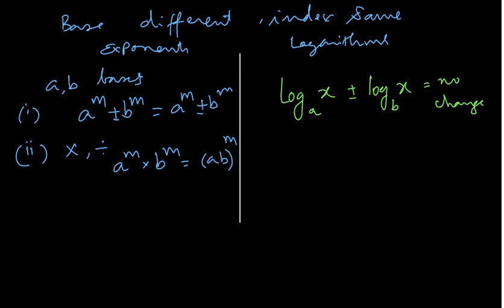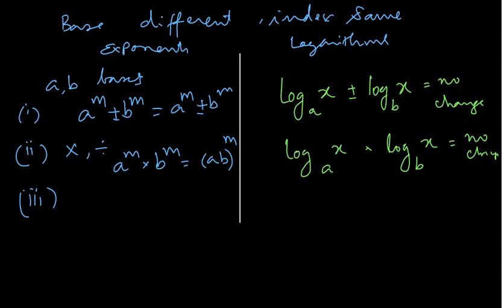In this case, for example, you have the bases ought to be different. So log x to the base a multiplied by log x to the base b. No change. Because the entire logarithm works on the base being same. That's why I'm actually writing all this stuff. So the logarithms work primarily on the base being same.